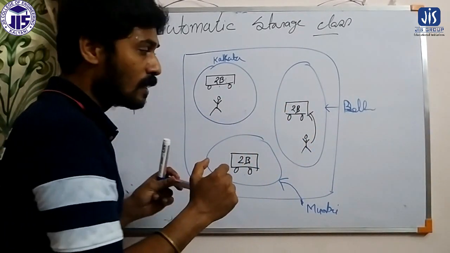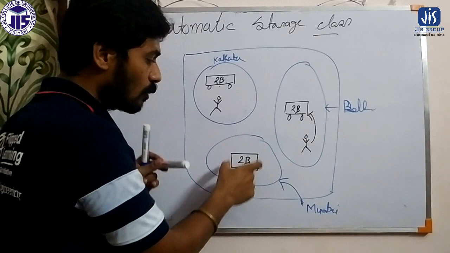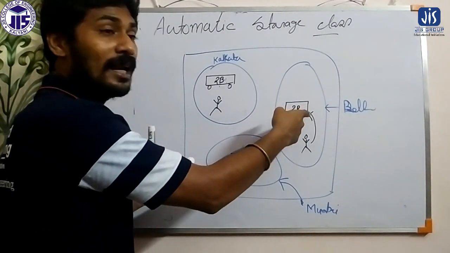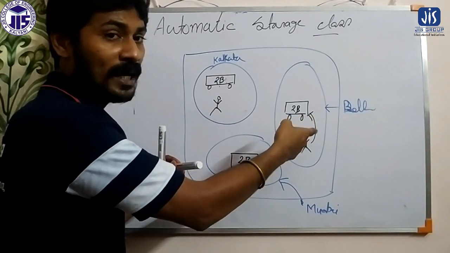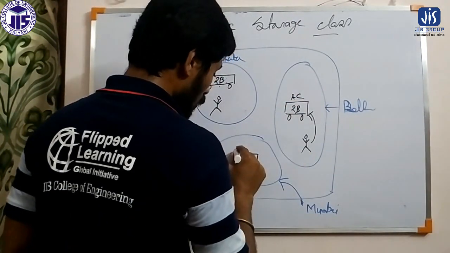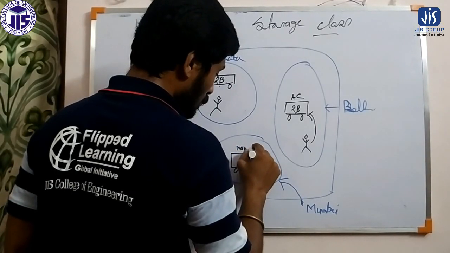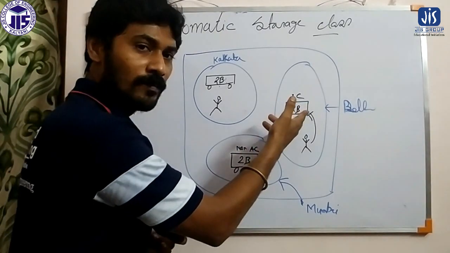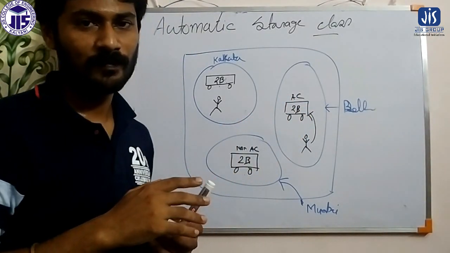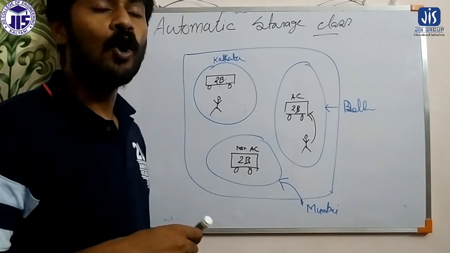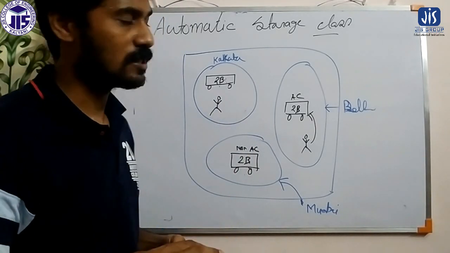It will be local to that particular city. It may be an AC bus, it may be a non-AC bus. Characteristics are different. Though the name is the same, these are not the same, though the route number is the same. So that is local variable or automatic storage class.